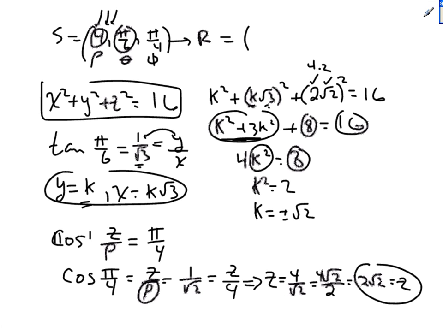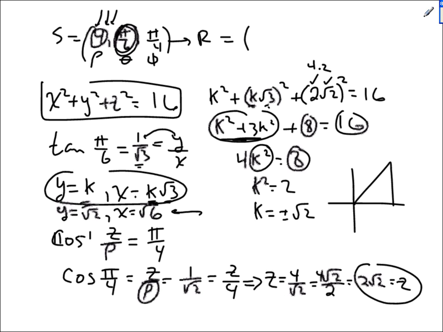Now, we're told that in the xy plane, the angle is pi over 6. This is quadrant 1. That means x and y are positive. y is equal to the square root of 2. x is equal to the square root of 2 times the square root of 3, which is the square root of 6. Well, I'm done.